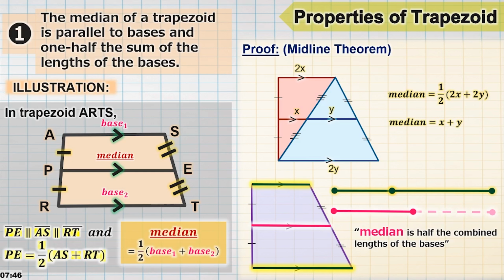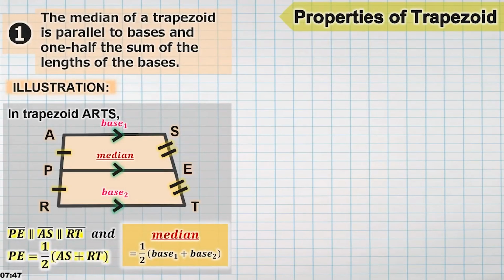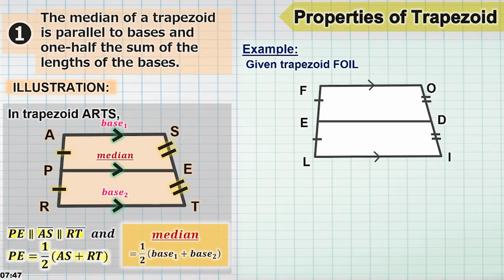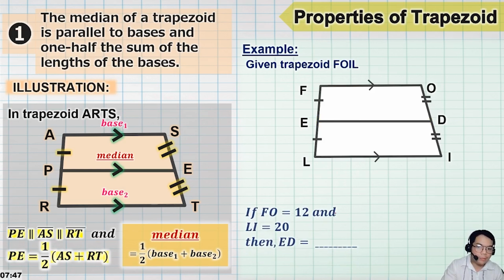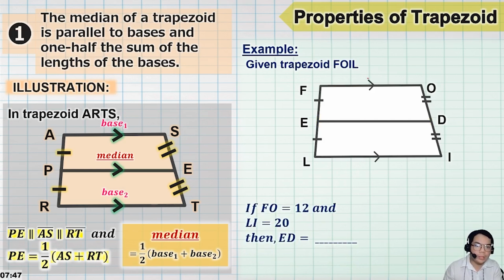So, right now, let's try to apply this idea about the median, because there are so many applications of this property. One of them would be this one. Given trapezoid FOIL, wherein we have a median created by point E and point D as the midpoints of the legs of this trapezoid. If the measurement of FO is equal to 12, and the measurement of LI is equal to 20.